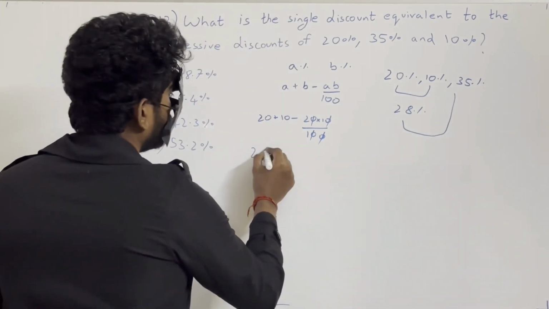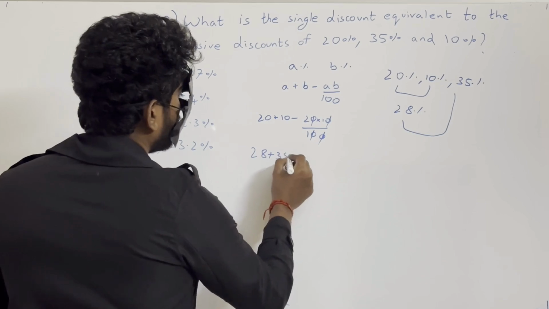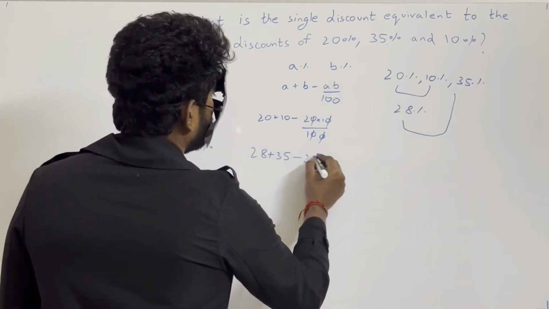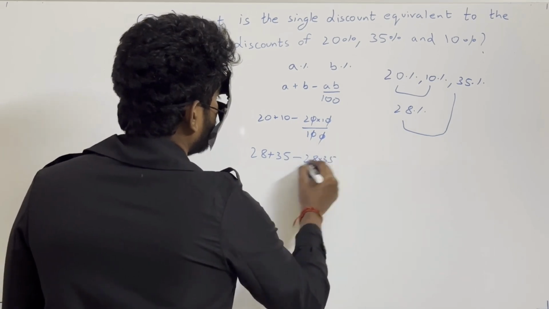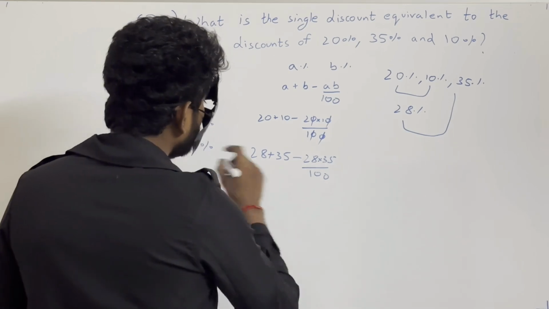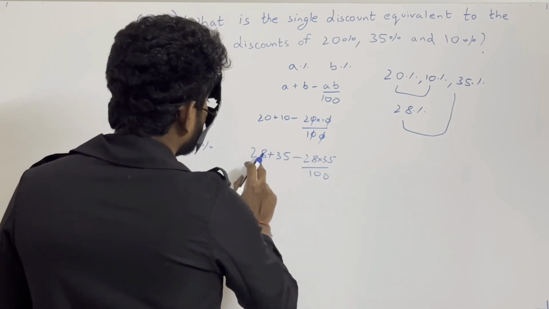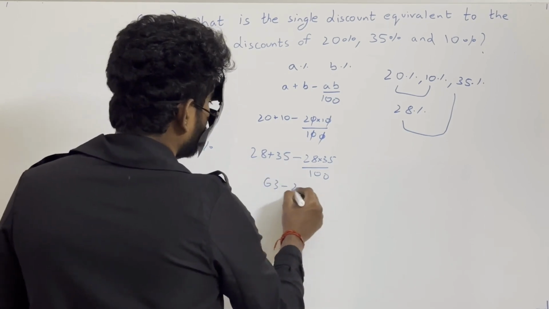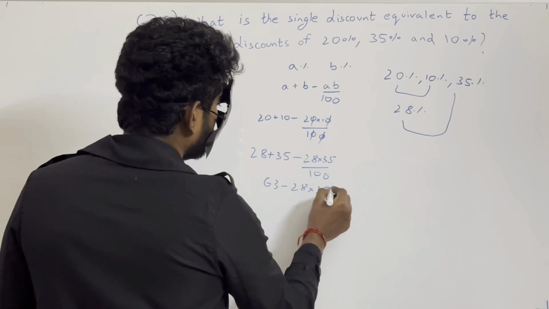So it's nothing but 28 plus 35 minus 28 into 35 by 100, which is 63 minus 28 into 35 by 100.